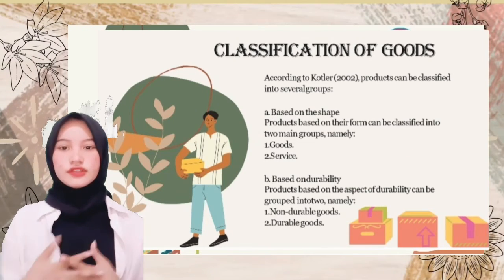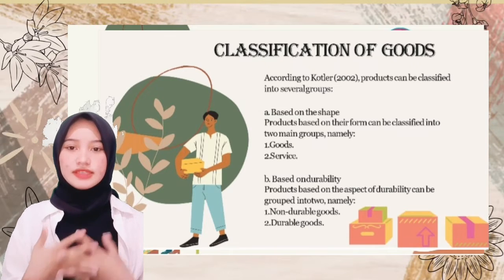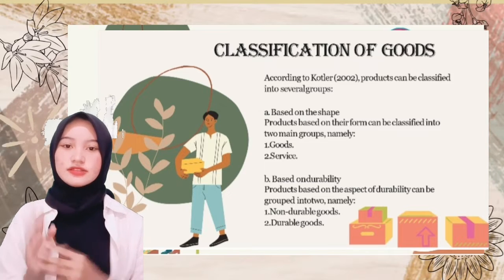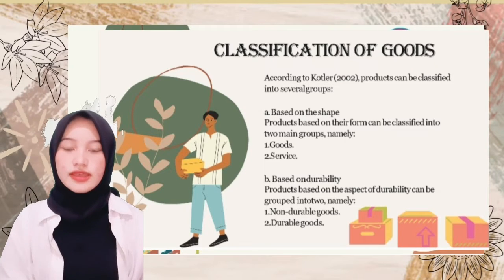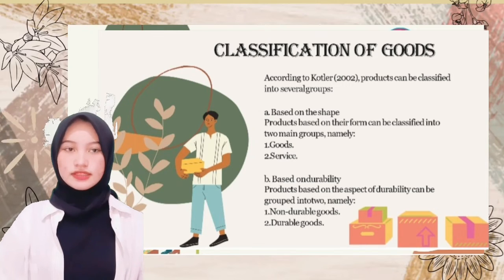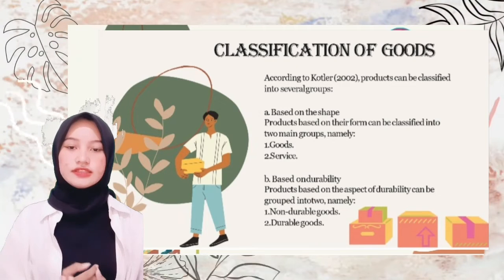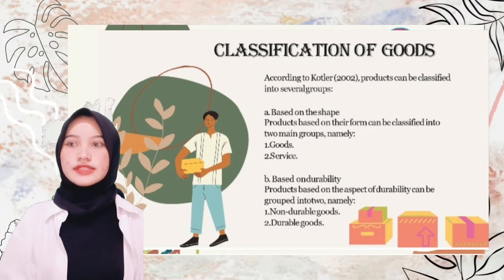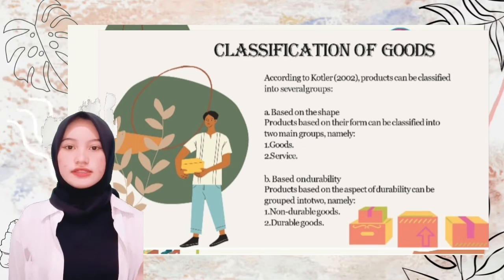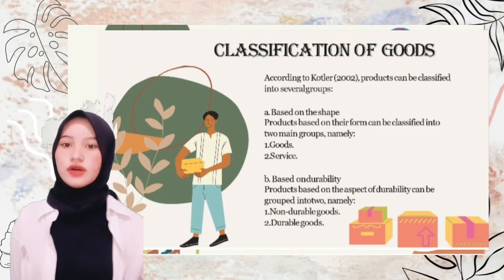Goods are products that are physically tangible, so they can be seen, touched, felt, held, stored, moved, and given other physical treatment. And services are activities, benefits, and satisfaction offered for sale or consumed by others, such as repair shops, beauty salons, hotels, and so on.